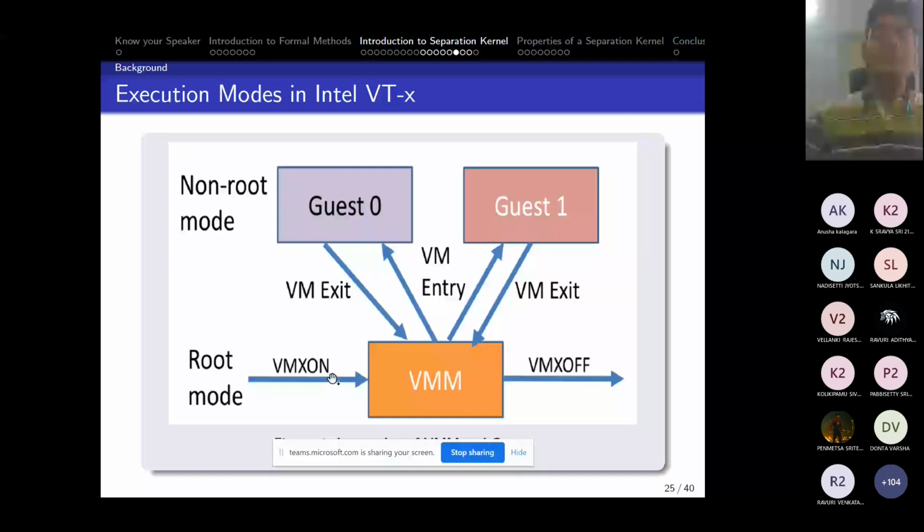If you give this command, you will enter into an area called VMM, virtual machine monitor, and then if you give the command vmentry, you can go to non-root mode and execute virtual machine applications. Once again, if you are done with virtual machine applications, you can give the vmexit command, and you can come back to the VMM. And if you want to come out of this VMM, you can simply give the VMXOFF command, and then you can come out of it. So these operations are available in the Intel VT-x processor.